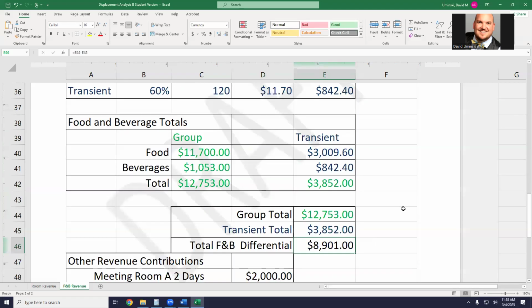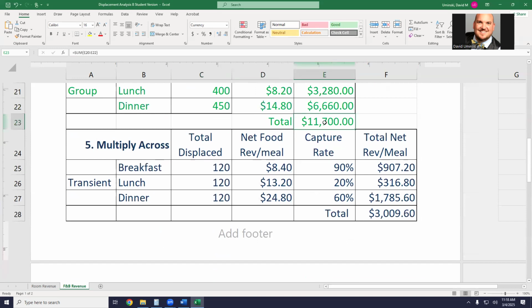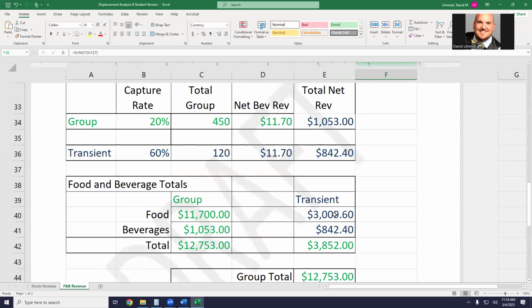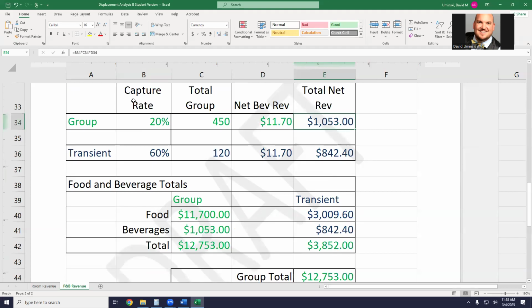Okay, so I know I did that pretty quickly, but let me go through that really quick one more time. We're compiling all of our numbers into one area, so it's a lot easier for us to see them. Our group total came from the first page, 11,700. This was our transient total displaced for food, 3,960. And then our beverages came from right here.